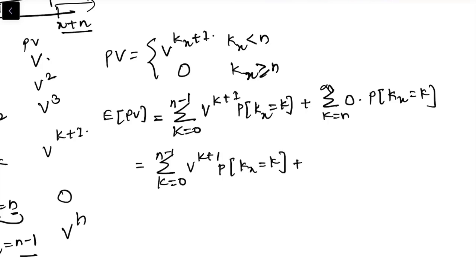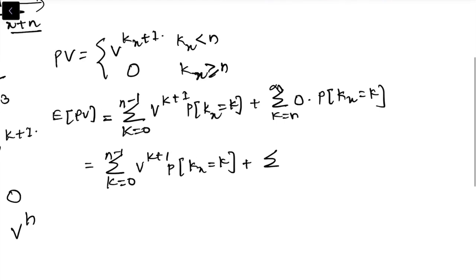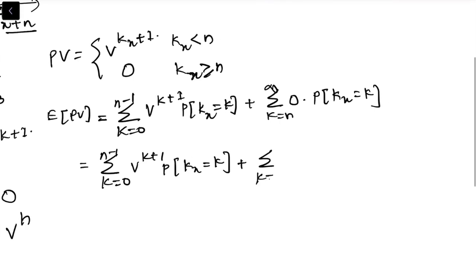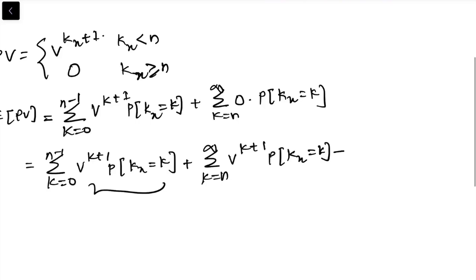Now we are going to use one strategy to simplify the summation. So we are going to add and subtract an extra term, that is k equals n to infinity, v to the power k plus 1, the same term, probability Kx equals k, and we are going to subtract this additional term, summation k equals n to infinity, v to the power k plus 1, probability Kx equals k.